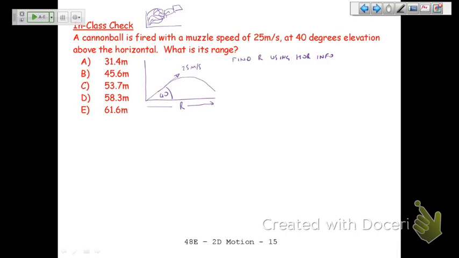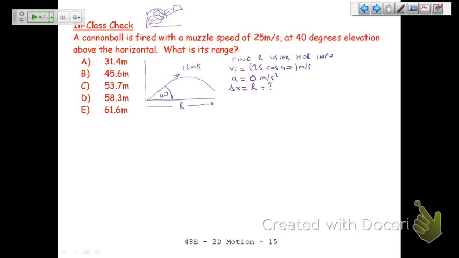Well, I know that my VI is going to be 25 cosine 40 meters per second. I know my A is going to equal 0 meters per second squared. And I want to find my delta x. Delta x equals R, which equals, I don't know.